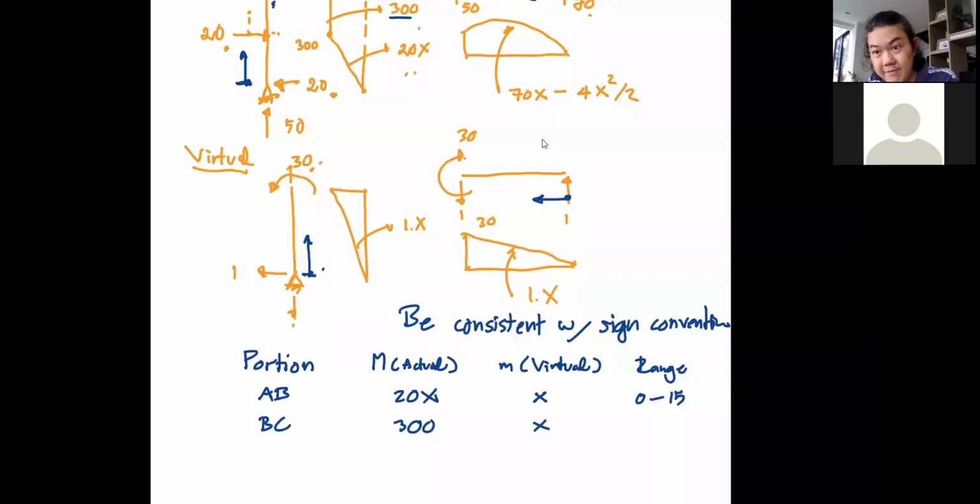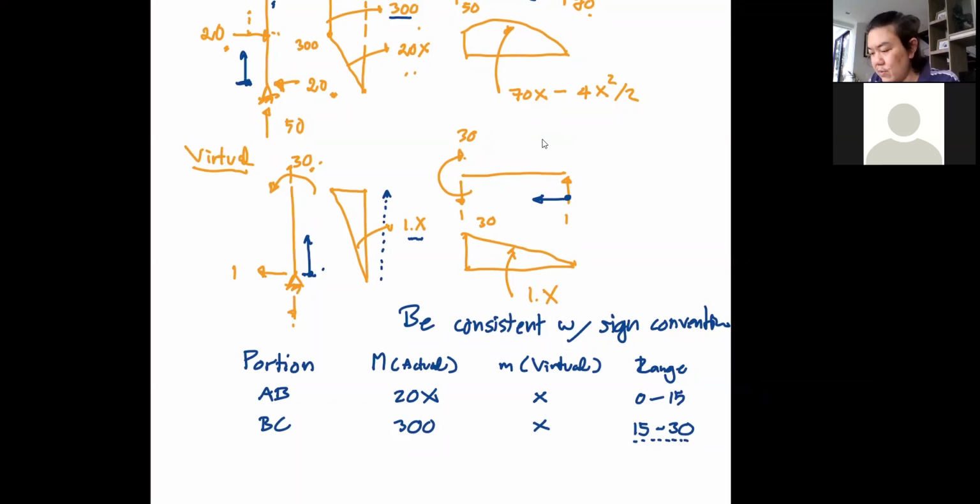But you must be mindful that if you want to maintain this equation, the range for integration must be from 15 to 30. This is going to be the pitfall for some of you. The range here will be incorrect if you are not careful. This equation, x, is true throughout the length of the member. And because in the actual case this becomes constant, it really doesn't matter which range you use, just an integration of constant value.